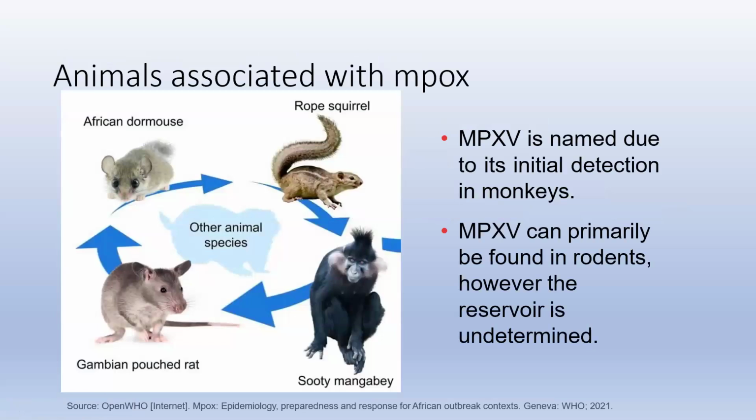Which animals are associated with Mpox? As you said, it is endemic. It mostly occurs in animals: the African dormouse, the rope squirrel, the sooty mangabey monkey, the Gambian pouched rat, and other species in Central Africa. When human beings interact with these animals, the humans get infected, and then spread this disease among other human beings.